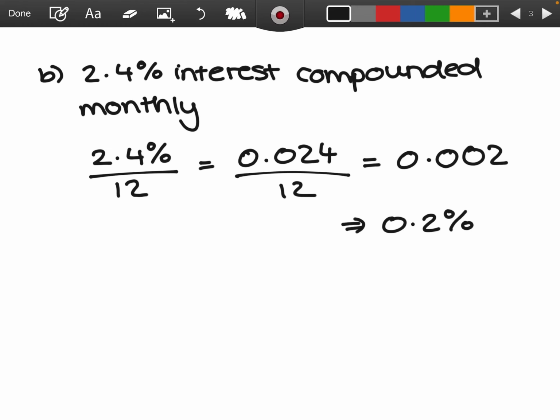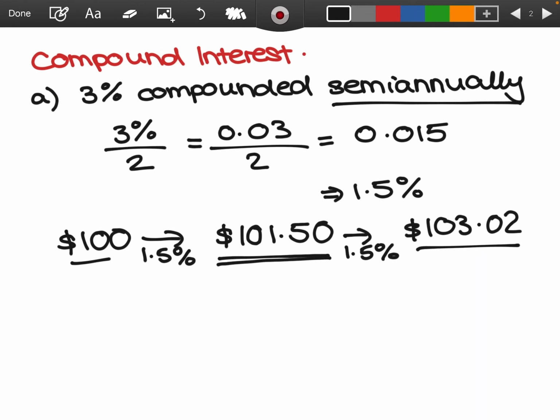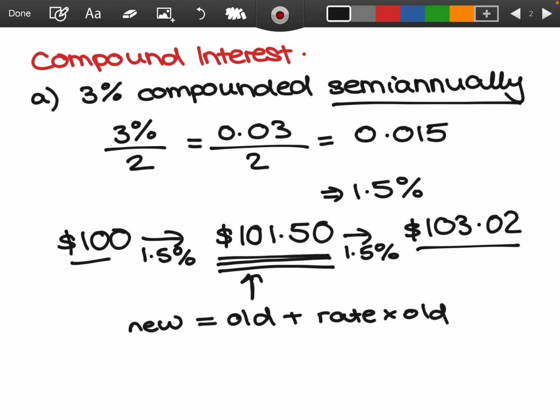If you think about exactly how we do that, come back to what I just did here. My new amount that I had in my first example after 6 months was the old amount that I had plus my rate times my previous amount. Okay, so let's think about this. My new amount here was equal to my old amount plus my interest rate multiplied by my old amount.